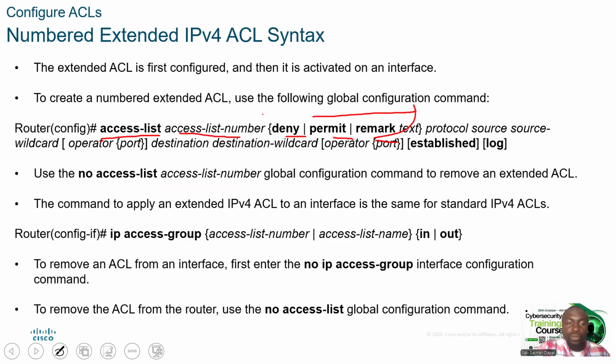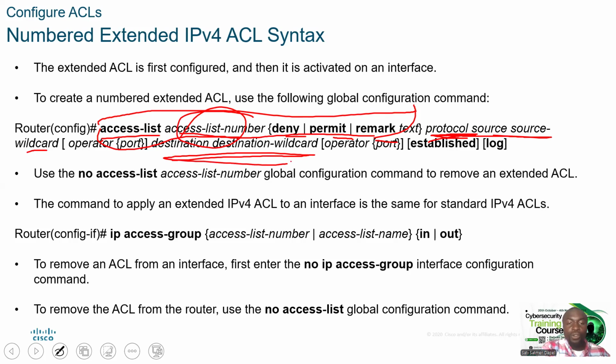From here to here is the same as the standard. But where is the difference in the extended? Here, after the access list number, comes the protocol, the source, the source wildcard, then the destination, and then the destination port.